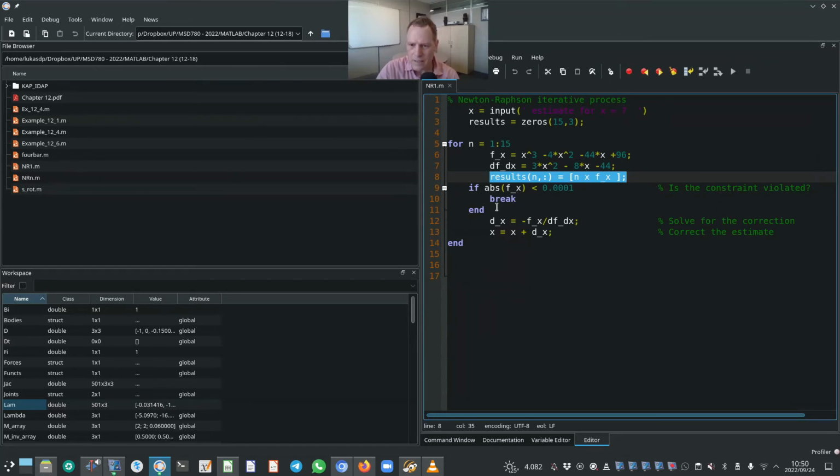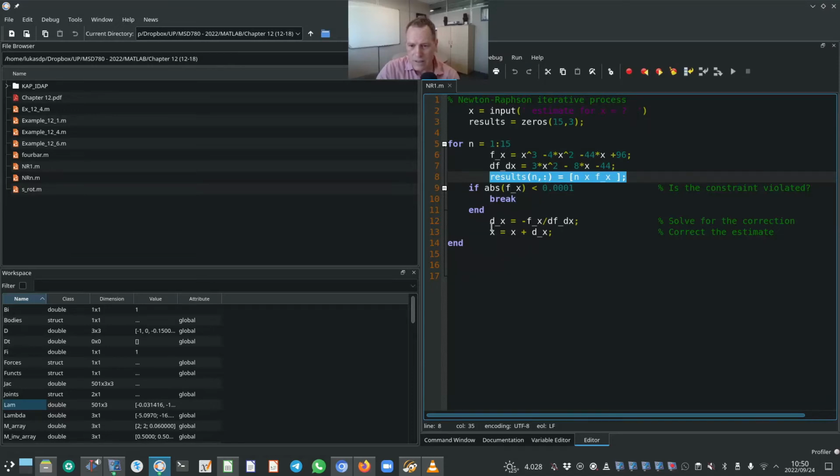And then we check if this function value, which is supposed to be 0, is less than 0.001. We then stop the iterative process if that is the case.